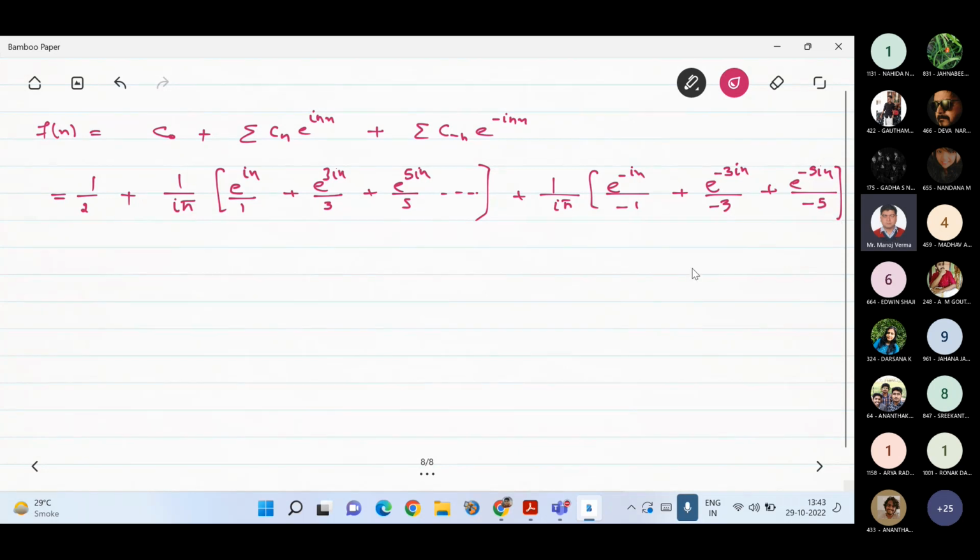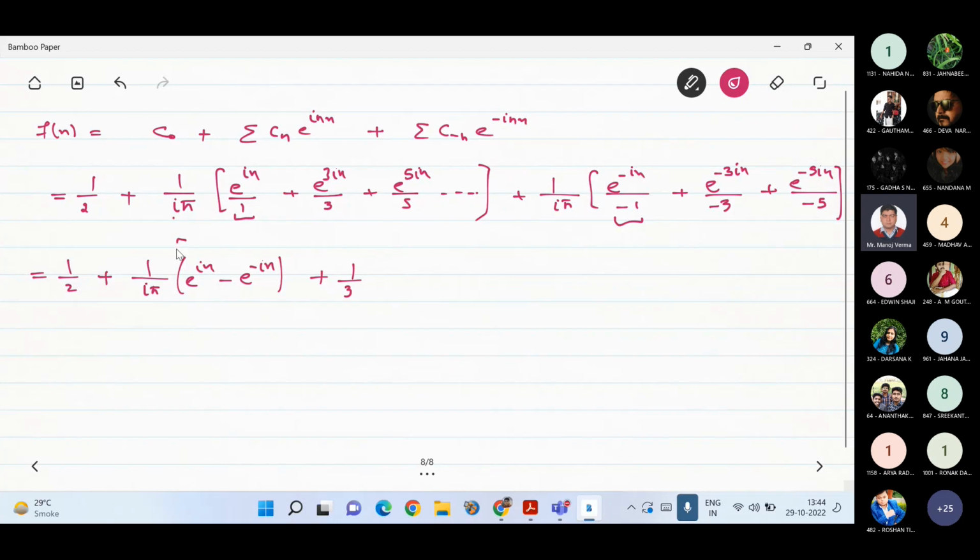And if I rearrange all these terms like this, it will become 1 by 2 plus 1 by iota pi, and inside e raised to the power iota x minus e raised to the power minus iota x, plus 1 by 3, and of course, there is one.